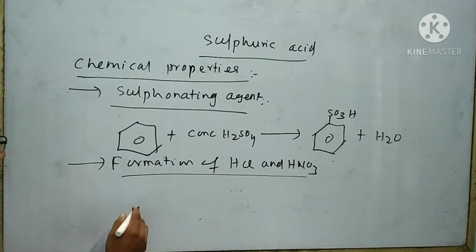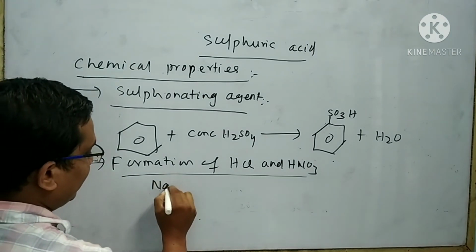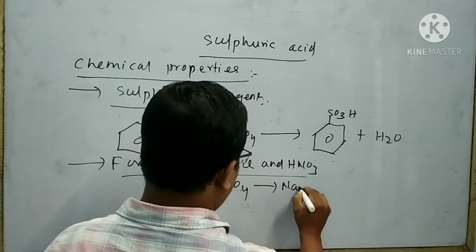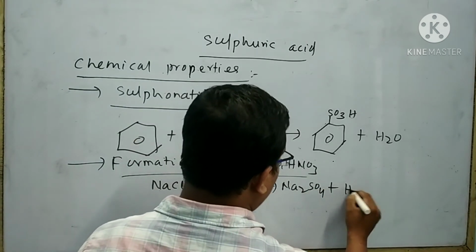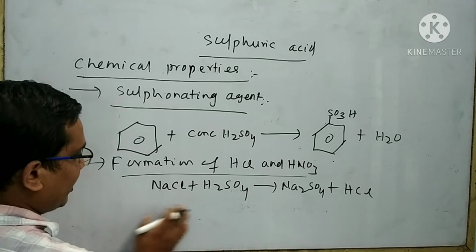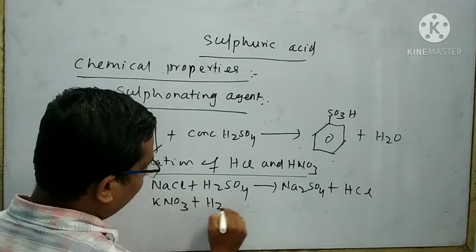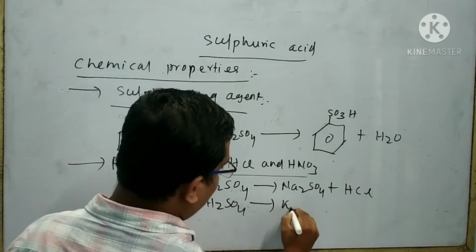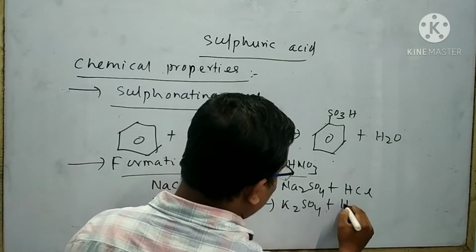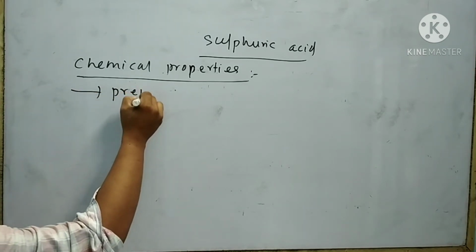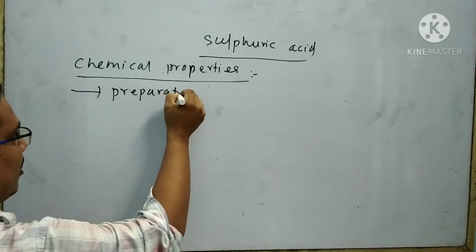So I can write the reaction like this. NaCl plus H2SO4 gives Na2SO4 plus HCl, and the other reaction is KNO3 plus H2SO4 gives K2SO4 plus HNO3.